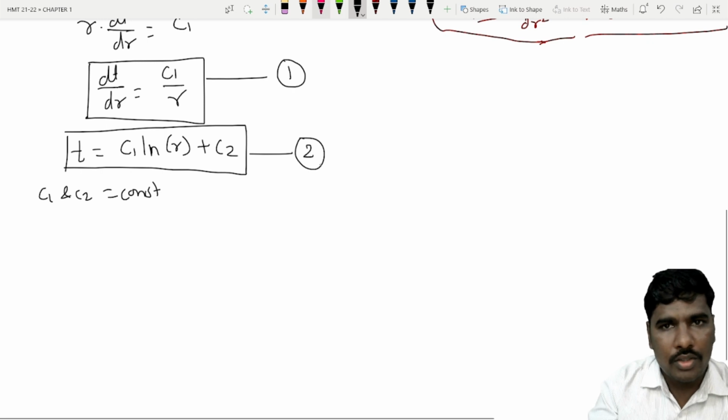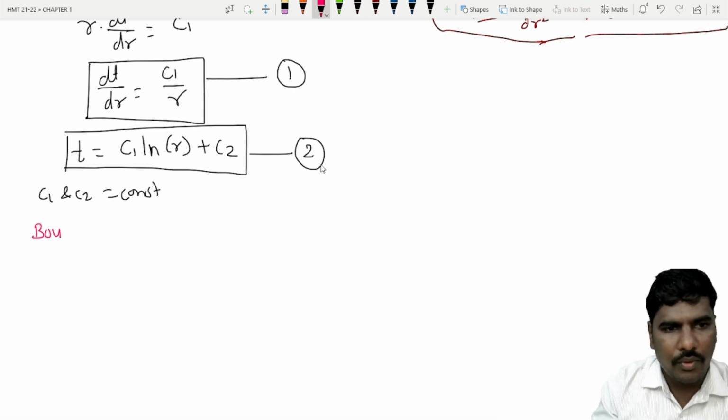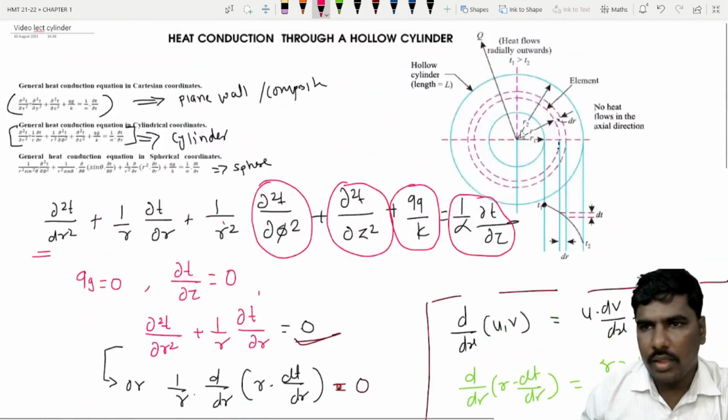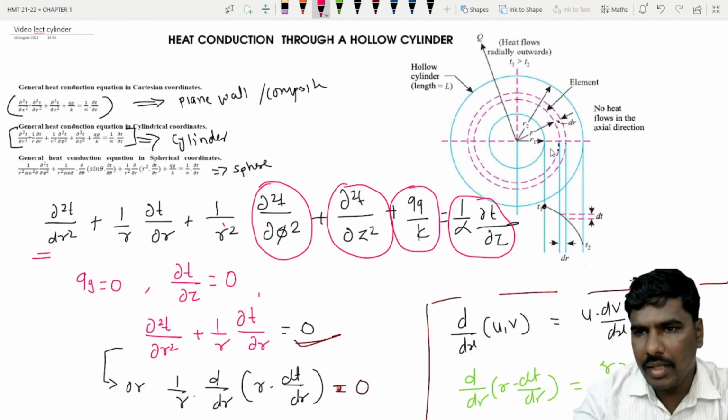Now what are the boundary conditions? The boundary conditions come from the figure. The first boundary condition is when r is equal to r1. In the figure we have considered this element area, which has a radius r. When r is the inside radius, that is r is equal to r1, that time the temperature is the inside temperature T1, and when r is equal to the outside radius, that means r2, the temperature is the outside temperature T2.